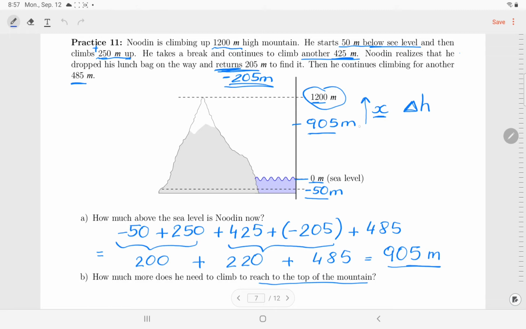To find the change, the difference, it's always the top, the final height, 1200 meters, minus the initial where he starts. So he's now at 905 meters and he needs to end up at 1200 meters. So he needs to climb up another 295 meters.